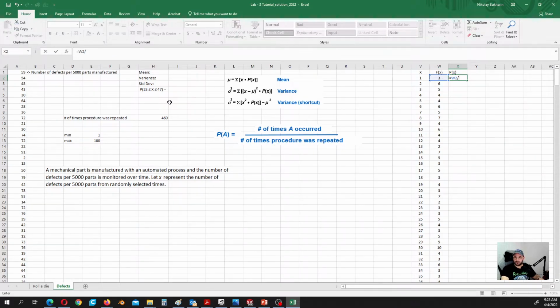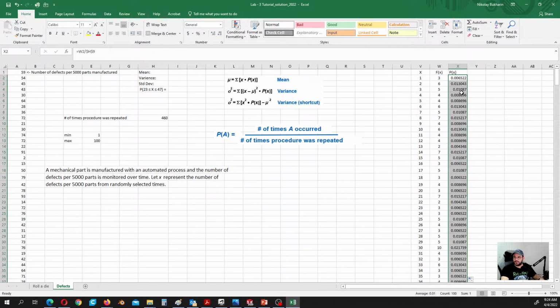So we can put 460, or we can go ahead, grab this one and fix it. Okay, so then we drop down and done. We are ready to go to calculate our mean, variance, and standard deviation, and some cumulative probability right here.